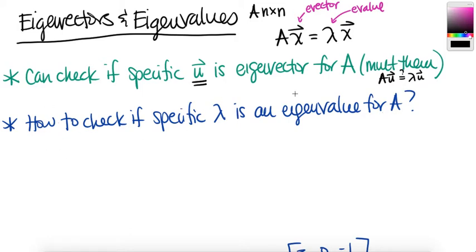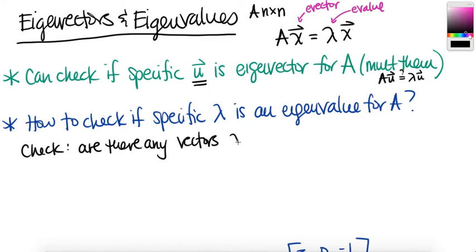Lambda is an eigenvalue basically if it has eigenvectors. So are there any vectors x such that when you multiply that x by A, you get that specific lambda times x?